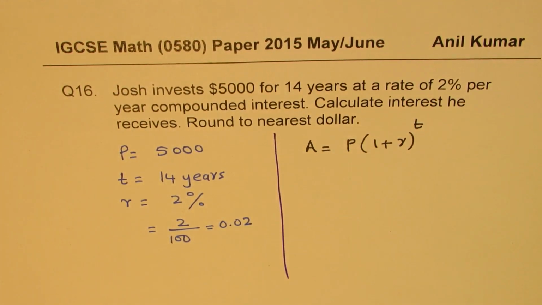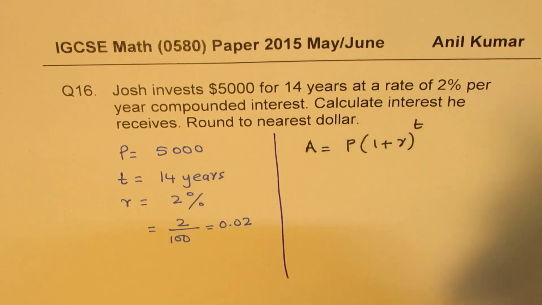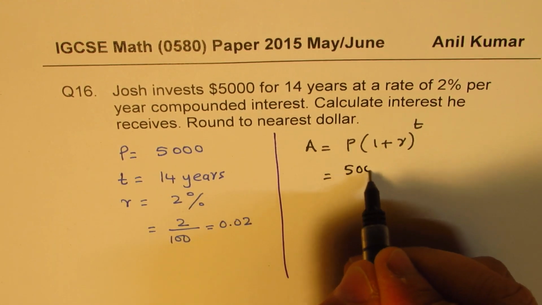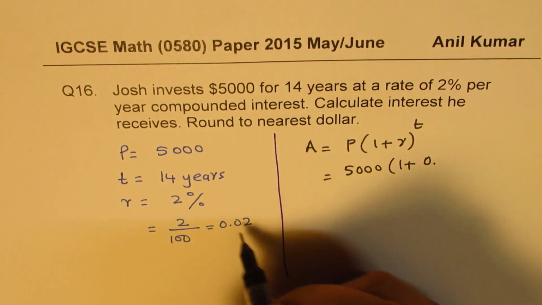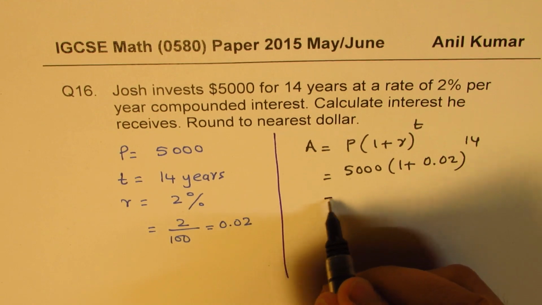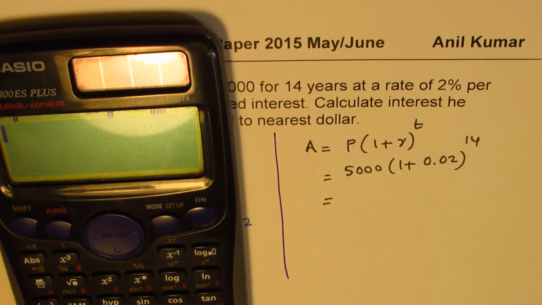In our case, compounding is being done yearly, so t is 14. So we'll do 5,000 times 1 plus 0.02, to the power of 14. We'll just use a calculator to calculate this value. So we have 1.02 to the power of 14, and we multiply this with 5,000.